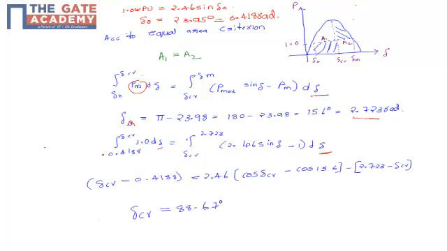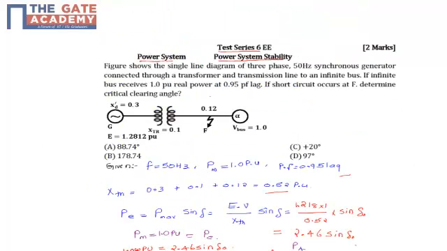After solving, we find the critical clearing angle delta CR is 88.67 degrees, which is option A.